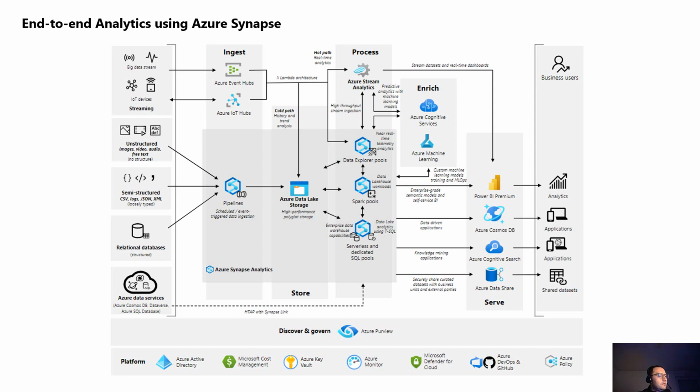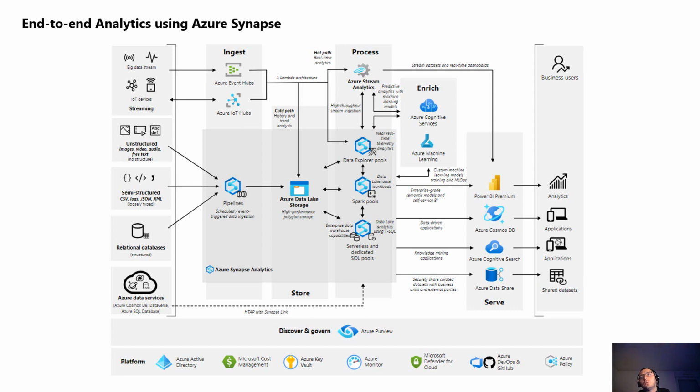The second thing is we can use a Stream Analytics output to send processed events to the Azure Synapse SQL pool and a Data Explorer pool for those analytics use cases. And finally, the third one that we can use for this process part is the near real-time telemetry and time series analytics scenario.